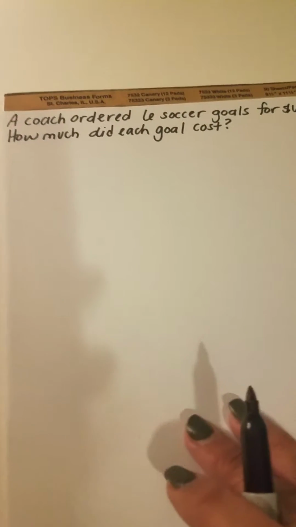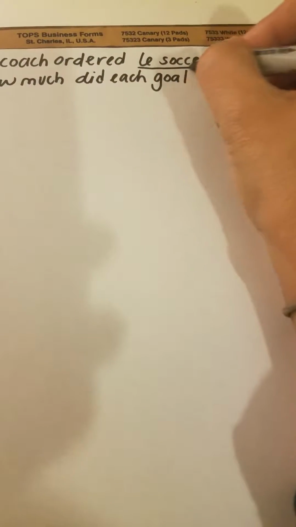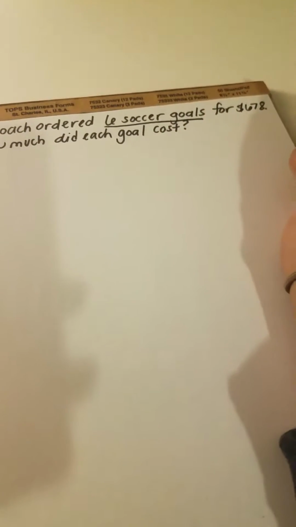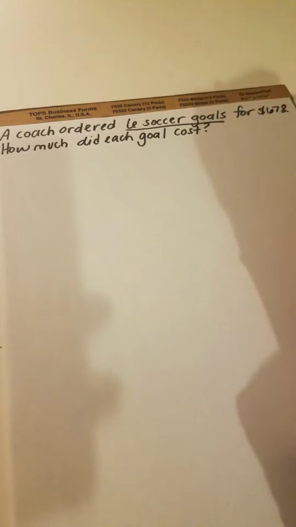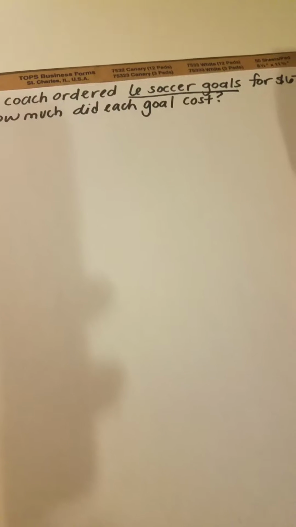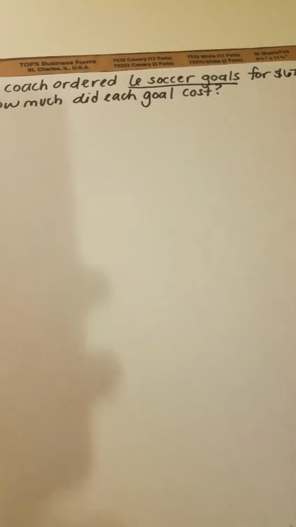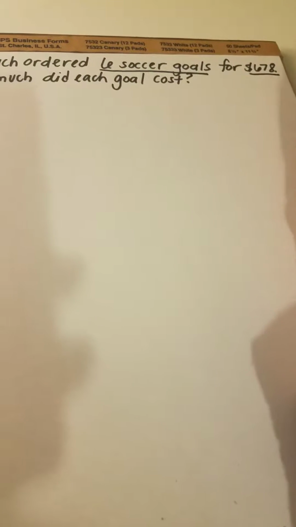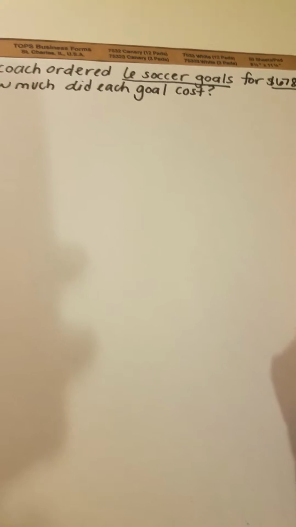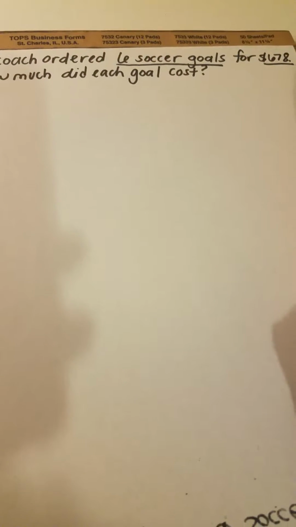Okay, so we know that the coach ordered 6 soccer goals. So we're talking about the goals used in soccer to score at the ends of each side of the field. And the coach paid $678. Now, we can use our common sense.